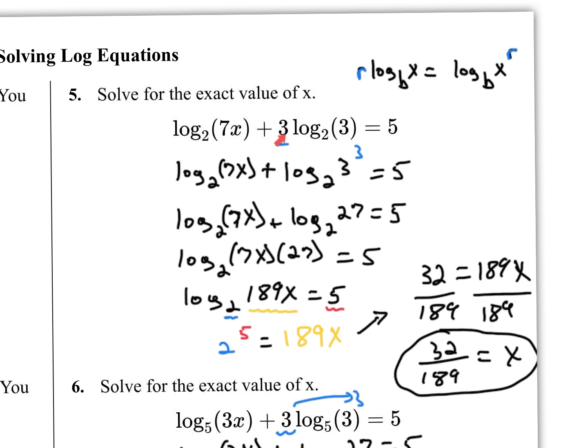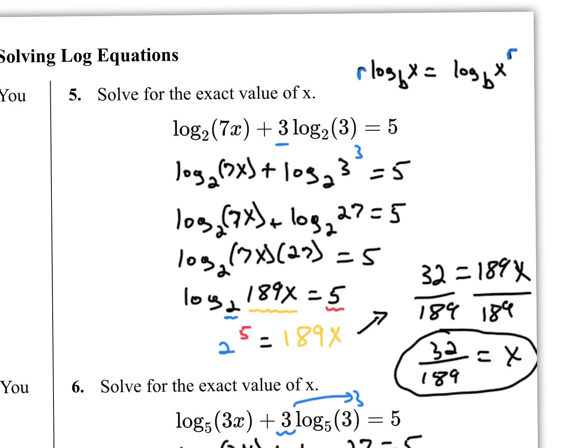So this 3 is actually going to become the exponent of this 3. So now I have log base 2 of 7x plus log base 2 of 3 to the third power equals 5. Right here, 3 to the third, that's 3 times 3, which is 9, times 3 is 27.